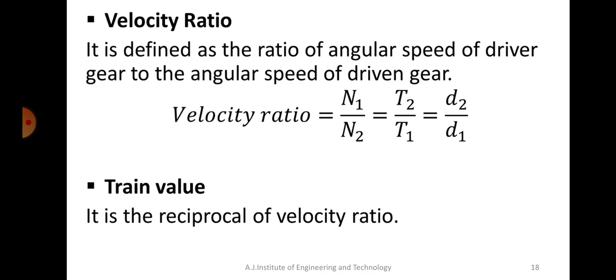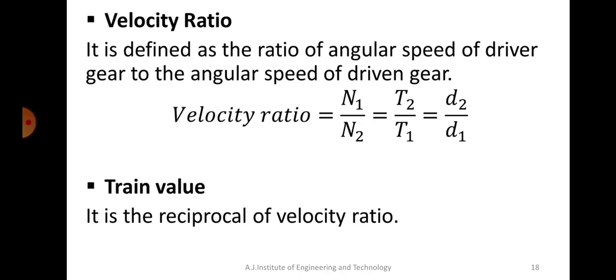Similarly, T1 is the number of teeth in the driver gear or first gear, T2 is the number of teeth in the driven gear, and D1 is the diameter of the first gear, D2 is the diameter of the second gear.